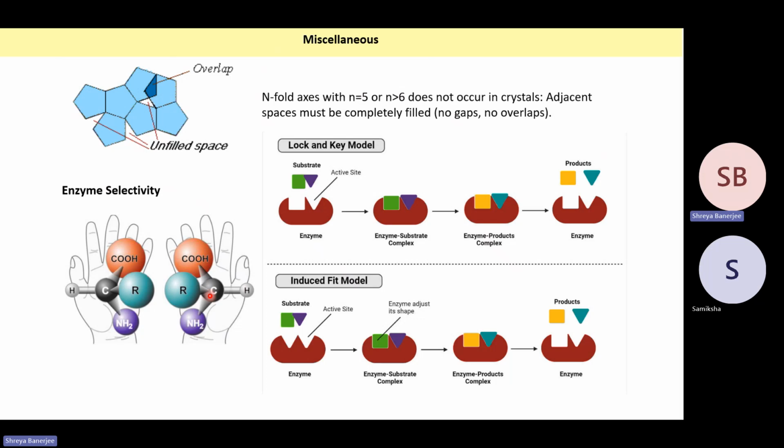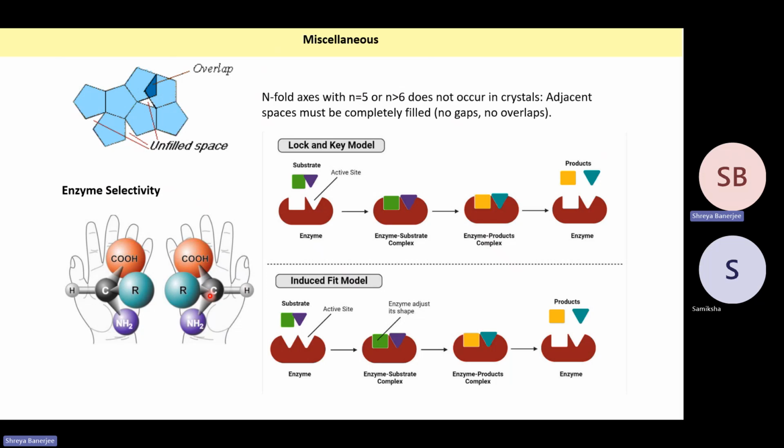Suppose all amino acids in our body are L amino acids, right? So if we are taking a medicine which also has L amino acids, it will be able to interact with the amino acids in our body. But if you take a medicine which has D amino acids, it will not be able to interact with the amino acids in our body.